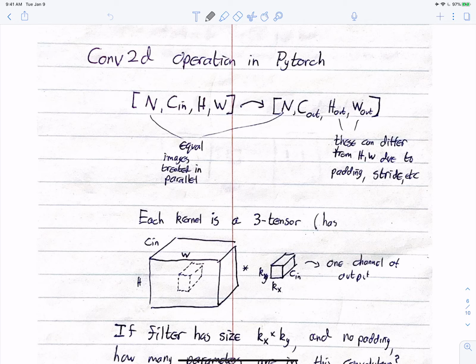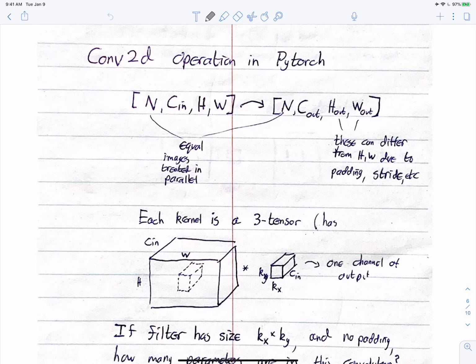Remember, our batch of images is really a four-dimensional tensor. I have n images, there are Cin channels, which could be 1 or 3 if I'm acting on images, but in the inner layers of a neural network it could be arbitrary other values, and they have some height h and some width w.